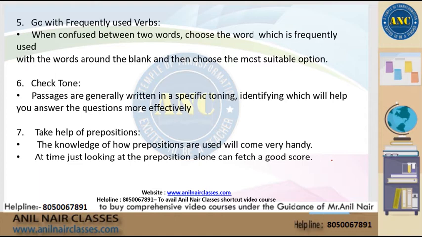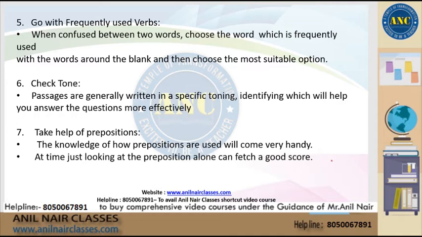For example, the theme or the context of the passage is about traveling. So if it's about traveling, one of the blanks could be about arriving or reaching, or departures. If it's relating to that theme, you would use the words related to the theme of the context.